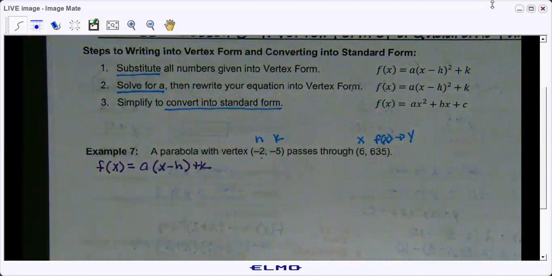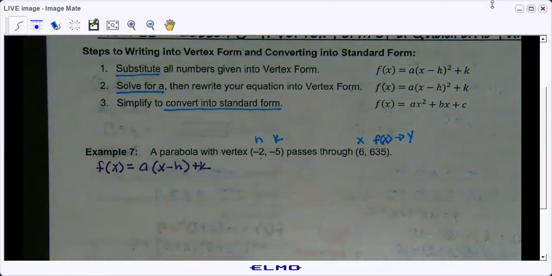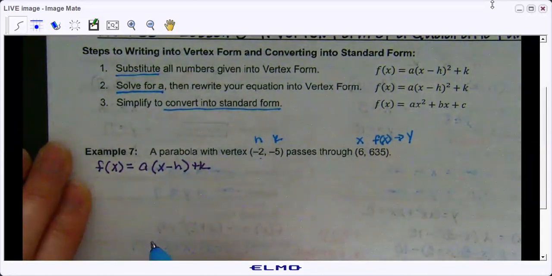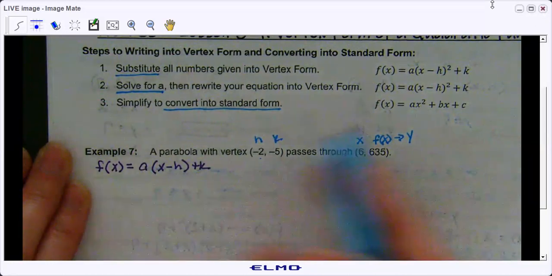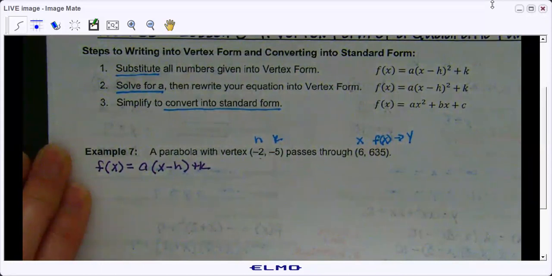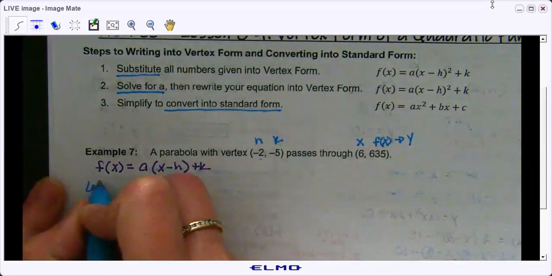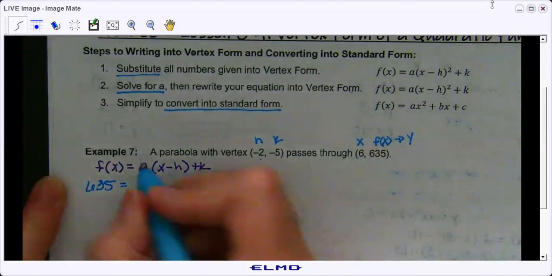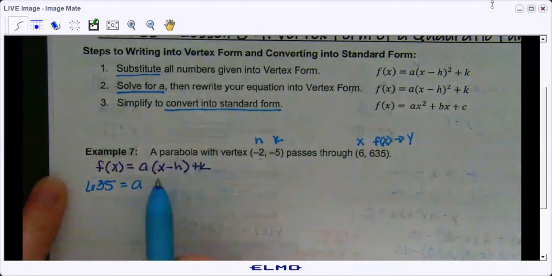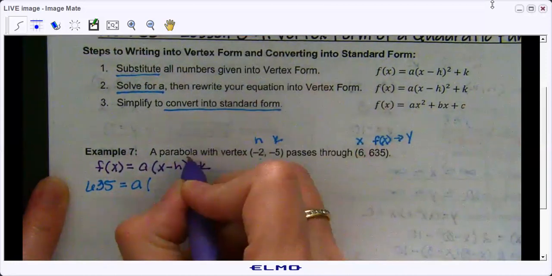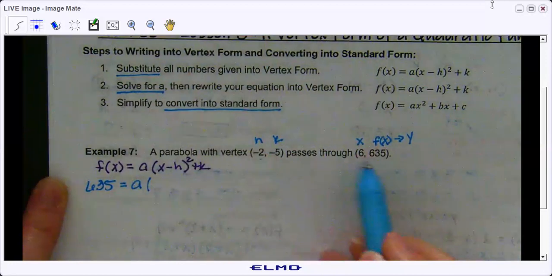Now I'm going to plug in everything that we have. Which part of both of these ordered pairs represents f of x or y? 635. We don't know what A is. That's what we're trying to figure out. X, oh, I forgot my little squared right here. X is 6.